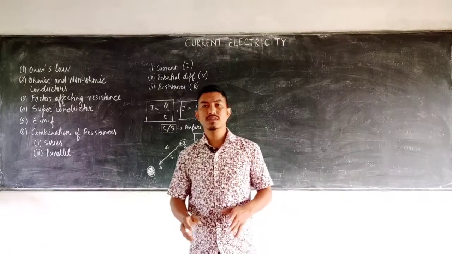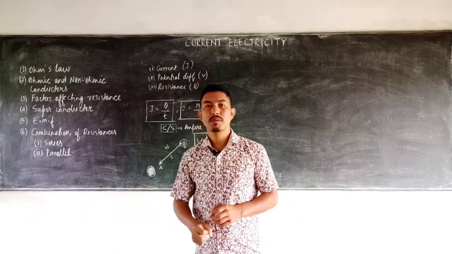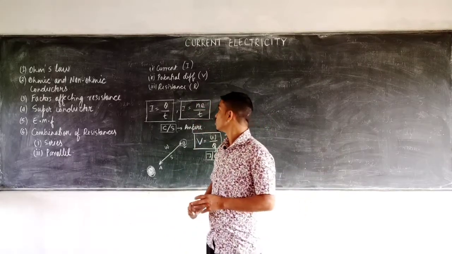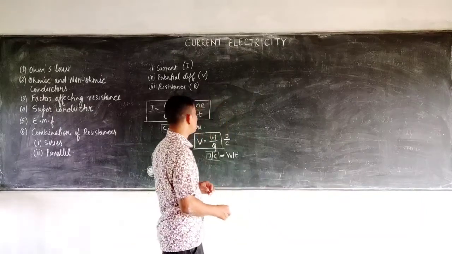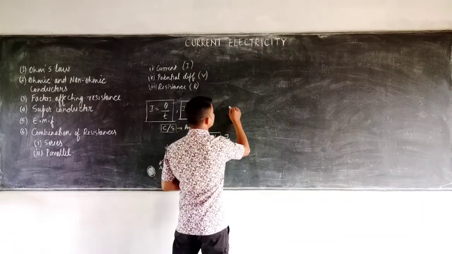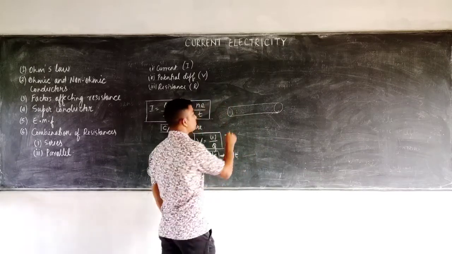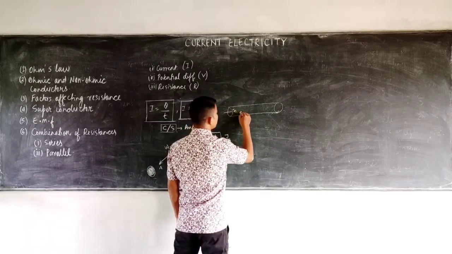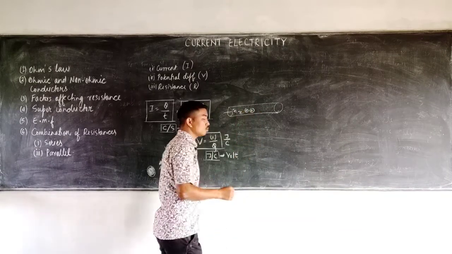The resistance is the resistive force offered to the flow of electrons when they pass through the conductor. That resistive force is known as the resistance. Now what is this resistance caused by? Suppose this is a wire. When electrons flow through a wire, they collide with the ions present there, and they also collide with one another.